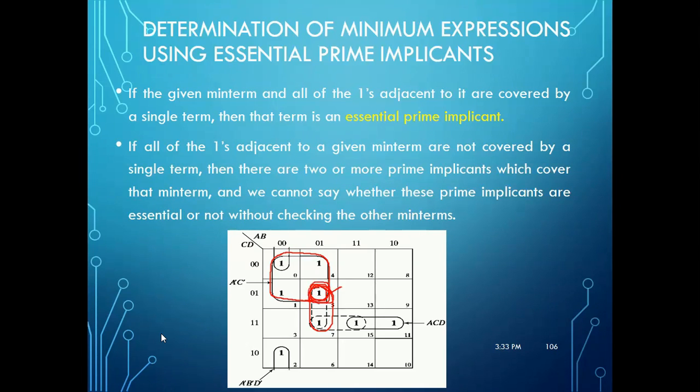In this case, you can see that this min term 5 is covered by A bar C bar as well as the other term, A bar B bar D. Since it is covered by two terms, we conclude that it is not an essential prime implicant.